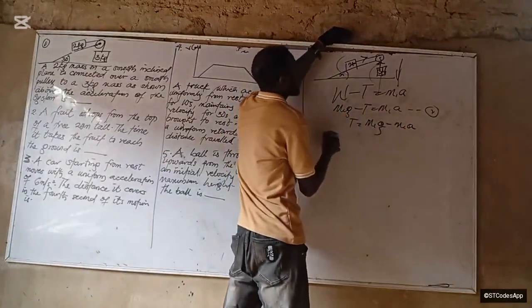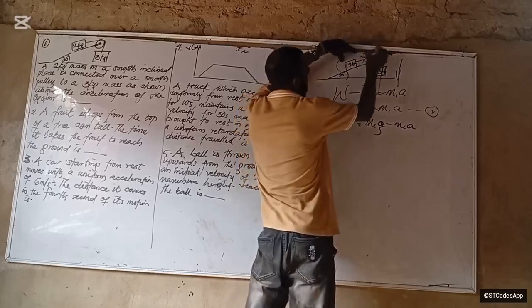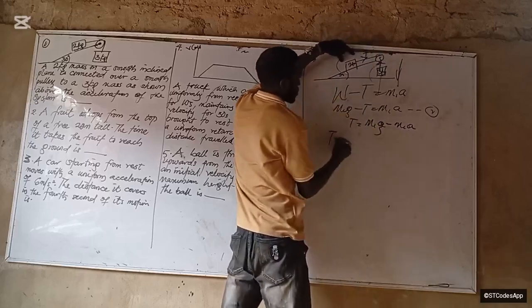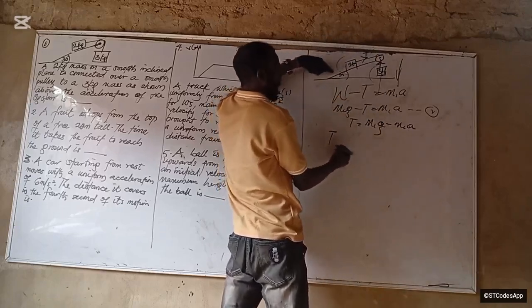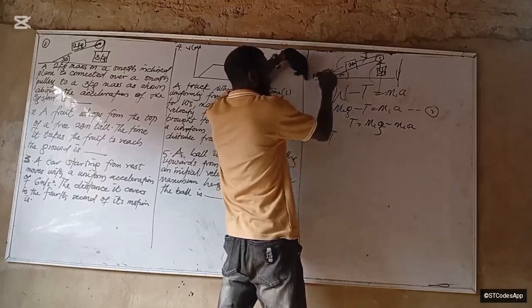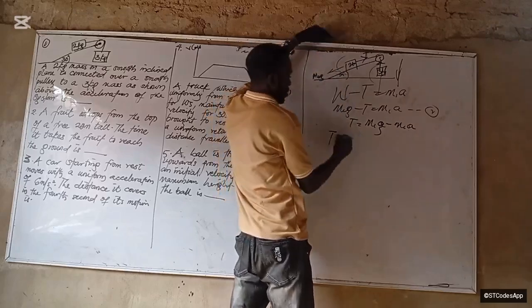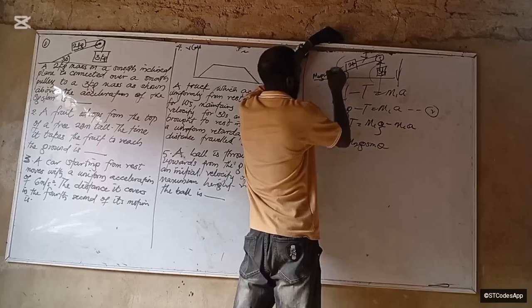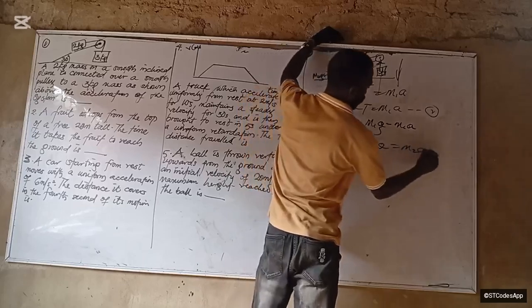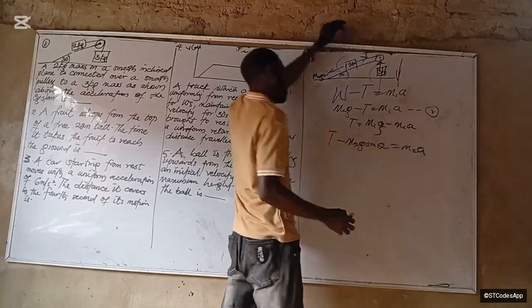Okay. For the next body, tension is in this direction, which is the direction of motion, so tension is positive. The weight component, m2g sine theta, acts downward, so it is negative: minus m2g sine theta is equal to m2a.